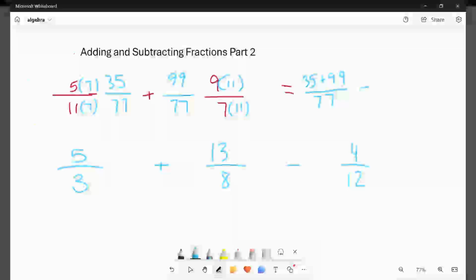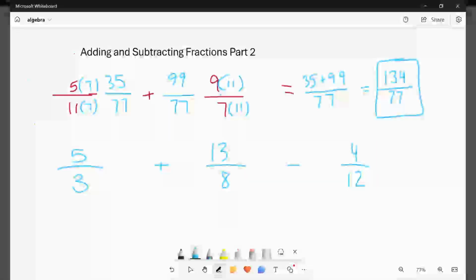Let's combine these, and finally we'll be left with 77 on the bottom and 134 on top. So this is how we can easily combine them using two unfamiliar numbers.